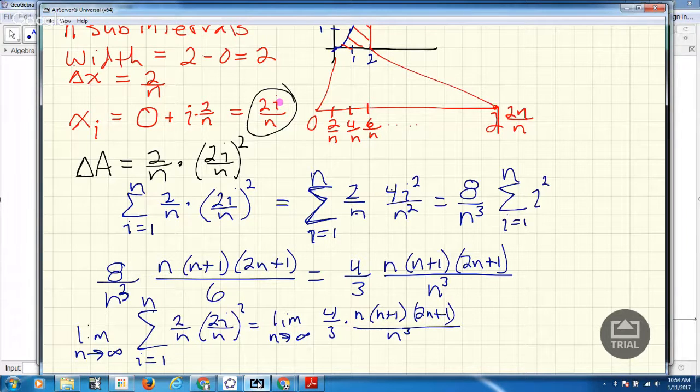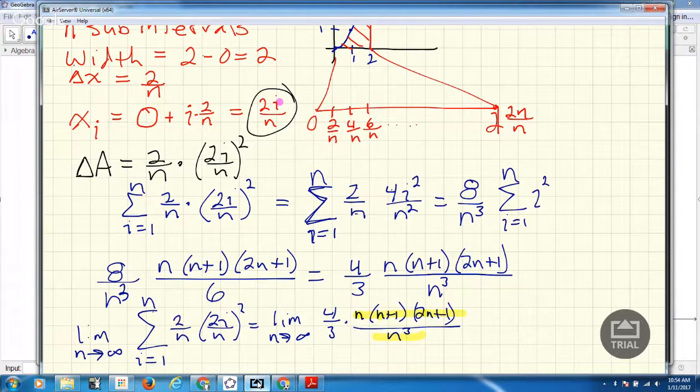Now notice here, let's get my highlighter out, that I'm going to have an n times 2n in the top. So that's going to ultimately lead to a polynomial of degree 3 with a leading coefficient of 2n cubed. And if I take the limit as n gets big, if the degree of the numerator is the same as the degree of the denominator, then the limit is the ratio of their coefficients.